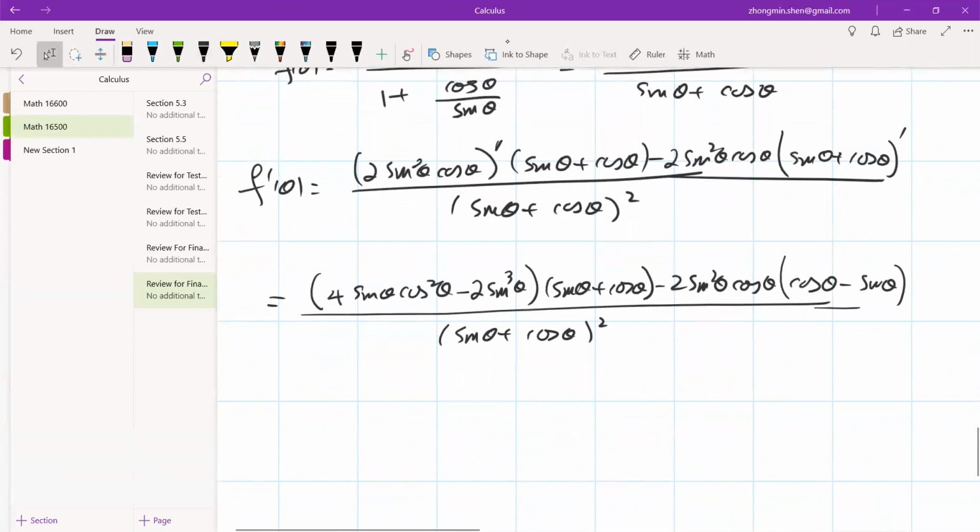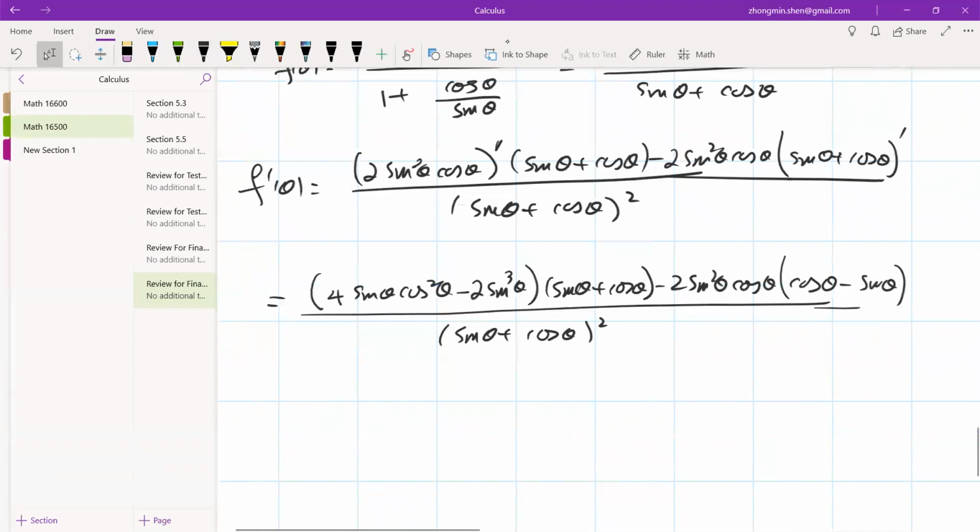Yeah, if you have to simplify, you have to take a sine square. So you don't have to simplify your answer.